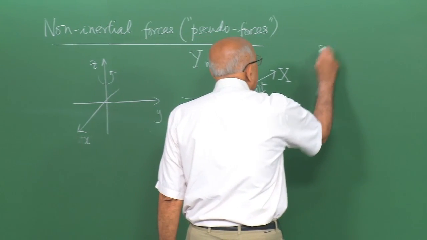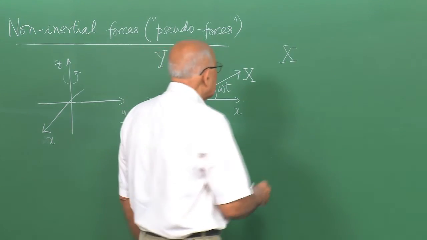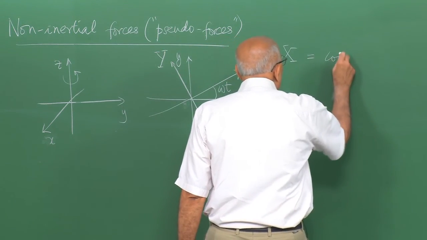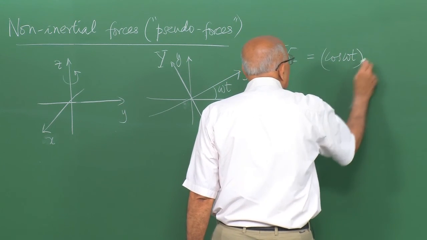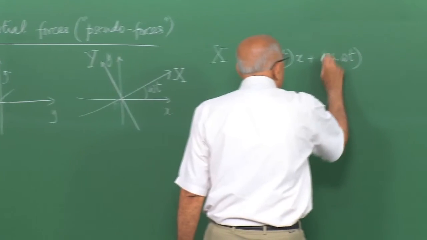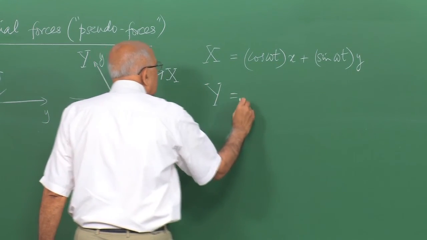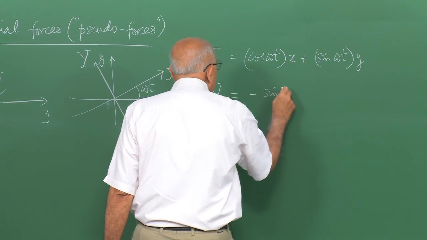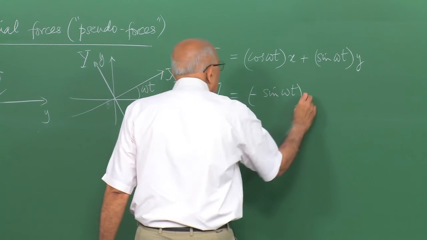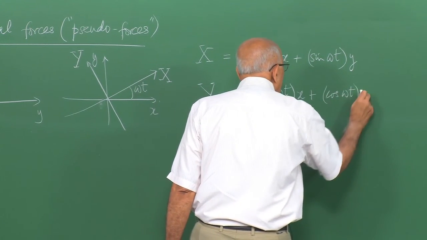So I have X of t, and I am not going to write the t dependence here, it is implicit. This is equal to cos omega t times little x plus sin omega t times little y, whereas capital Y is equal to minus sin omega t times little x plus cos omega t times little y.